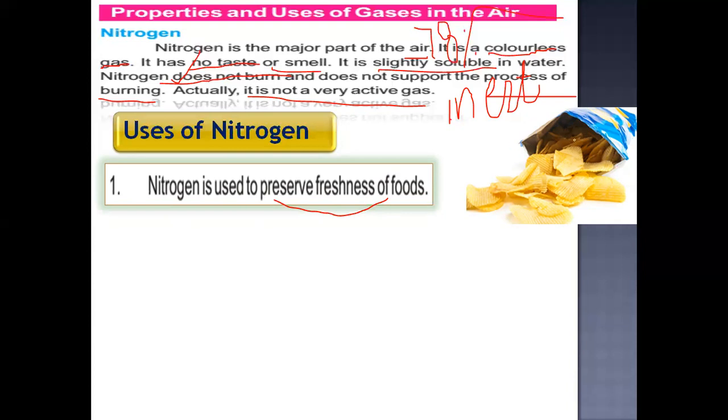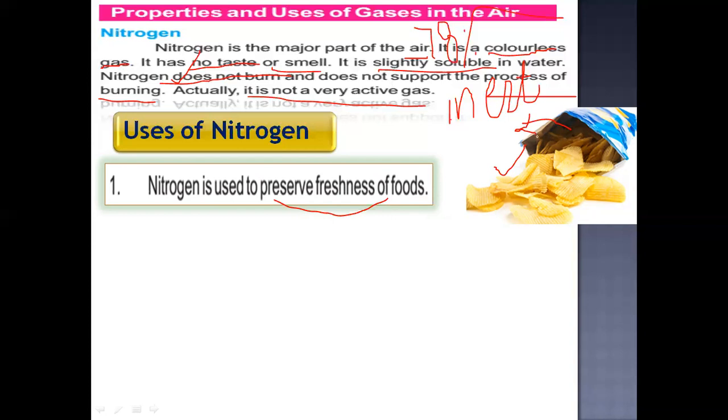That air is not another gas, but nitrogen. The packets are filled with nitrogen because nitrogen preserves their freshness, and oxygen is removed from them because oxygen helps in rusting, in burning, in spoiling of the food, because oxygen is the major component of life.